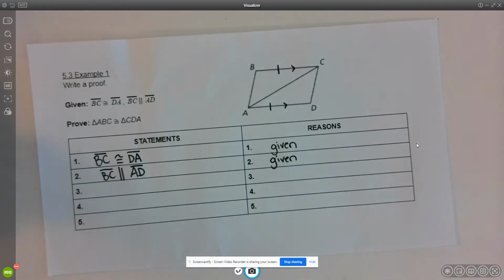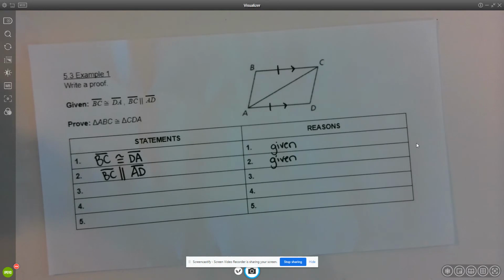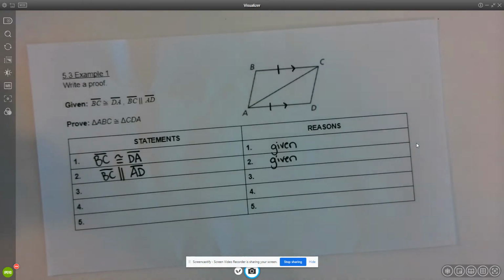All right, and so remember to prove triangles are congruent, we're trying to find some other pairs of congruent sides or congruent angles. Now we already know we're going to be using side angle side in this proof. You aren't always going to know what congruence theorem you're looking for. And so it's kind of like a puzzle that you've got to figure out.